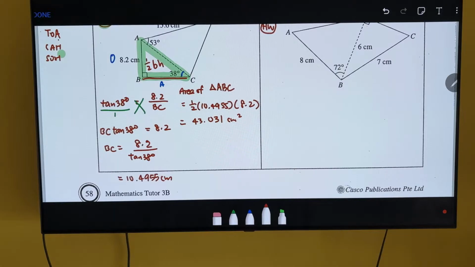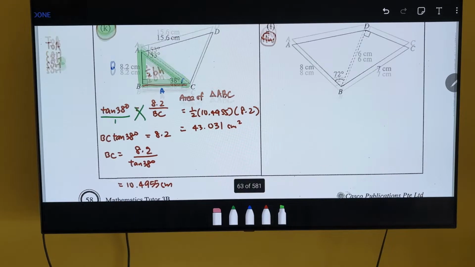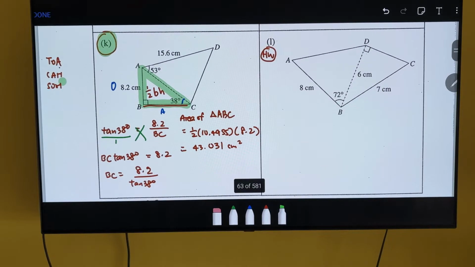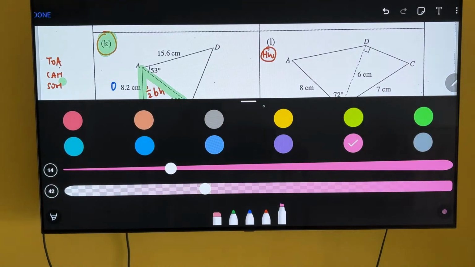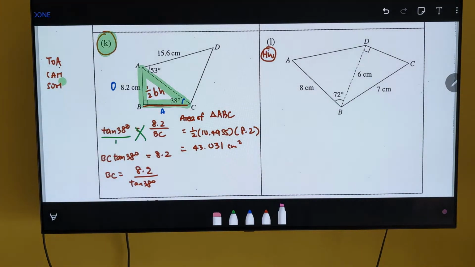Let's move on to find the area of the other triangle. And within the other triangle, you realize that you are given one length, one angle that is included, but we do not have the second length. So how can we find the second length AC?